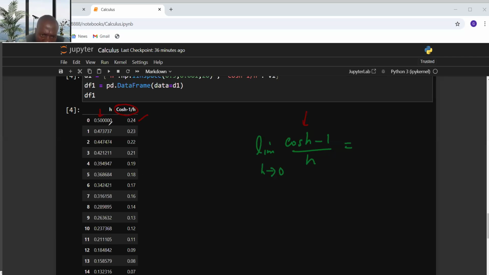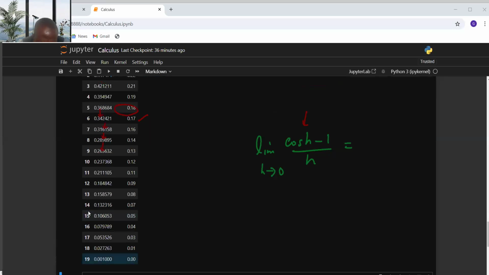But when it's getting decreased, the more the values of h decrease, maybe up until we have 0.0001, you see that when it's 0.001, the value is actually closer to 0. You see that h is actually approaching 0.